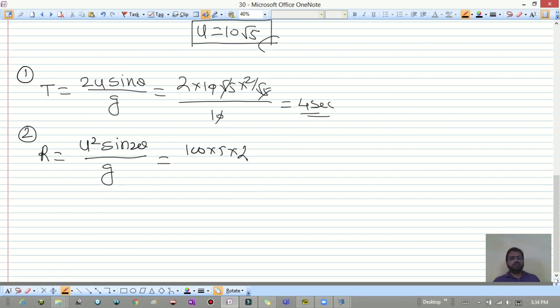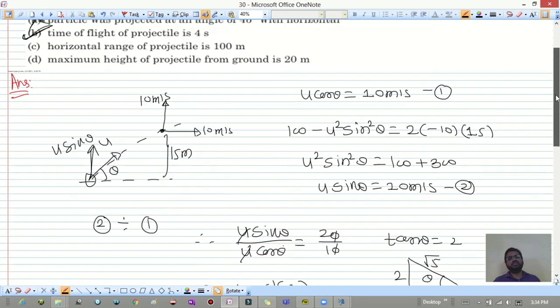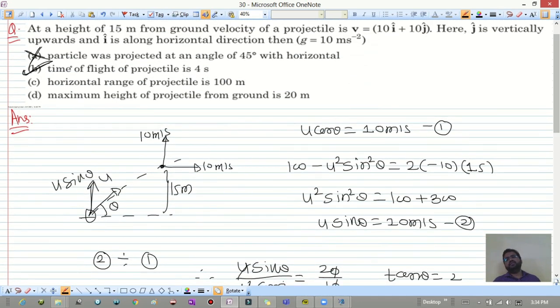Now it is 2 into sine theta is 2 by root 5 into cos theta is 1 by root 5 divided by g is 10. So this 0 gets cancelled, and we have root 5 and root 5 cancel. This 4 into 10, it will be 40 meter. This is the 40 meter, that is the range, and they gave 100 meter, that indicates this is not possible.